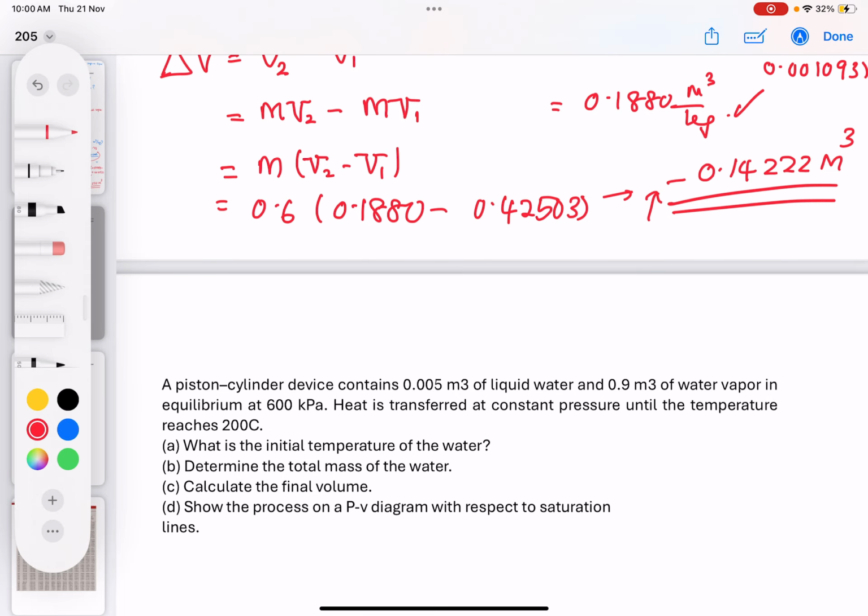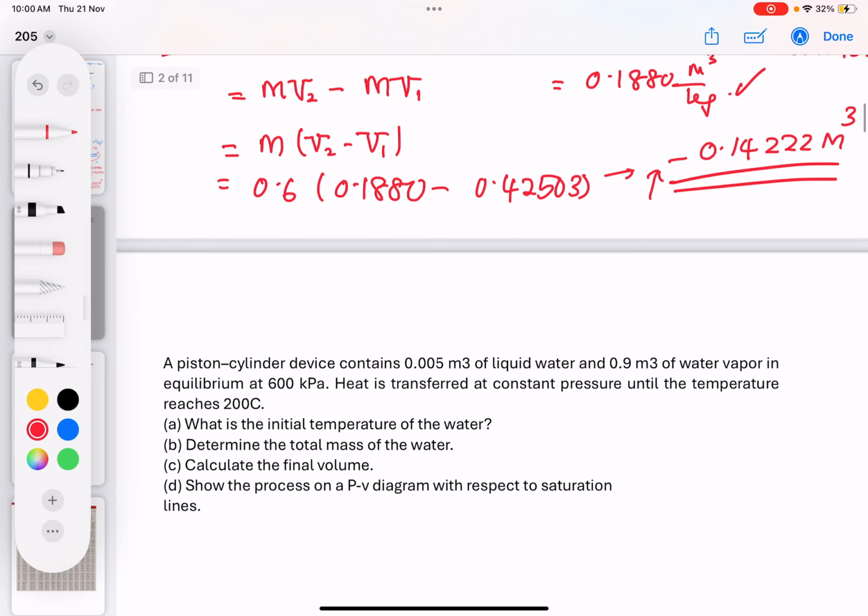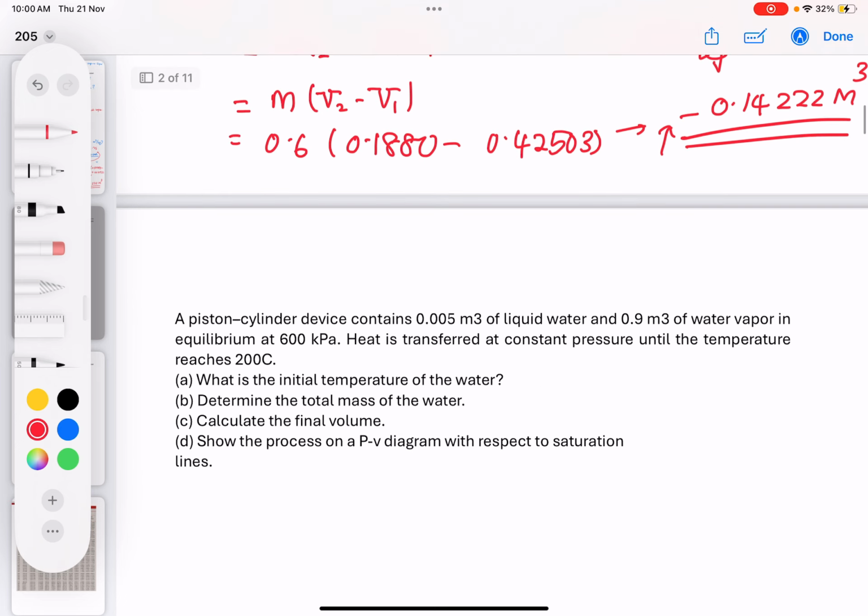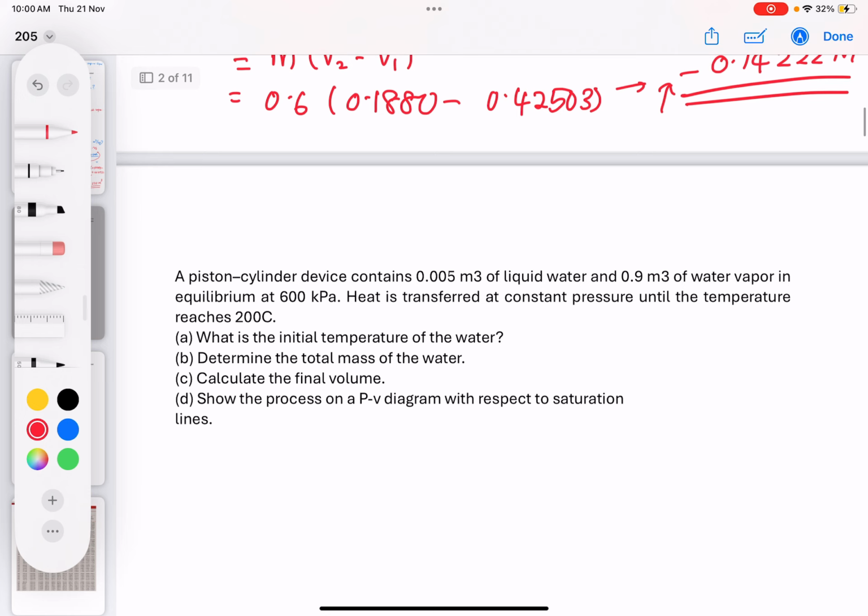So now I'm going to move to question number 2. A piston cylinder device contains 0.05 meter cubes of liquid water and 0.9 meter cubes of water vapor in equilibrium at 600 kilopascal. Heat is transferred at constant pressure until the temperature reaches 200 degrees Celsius.